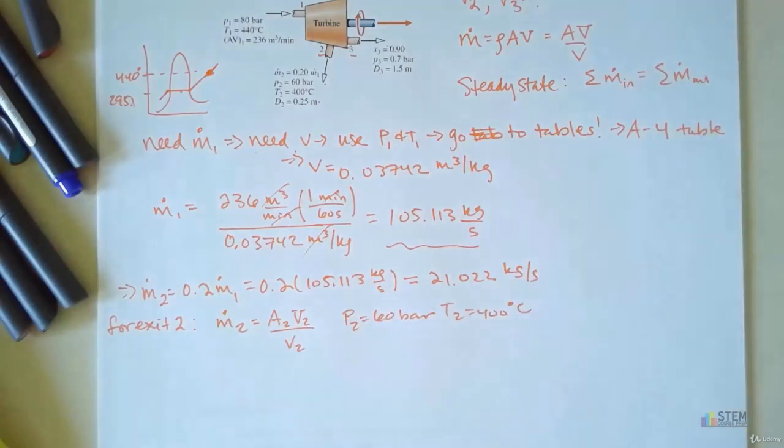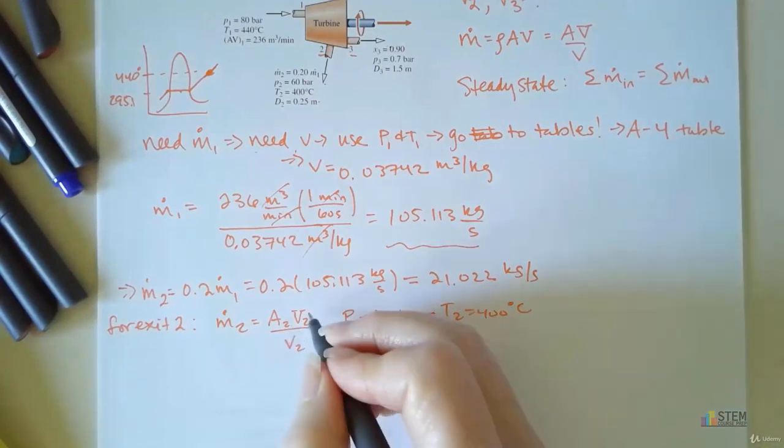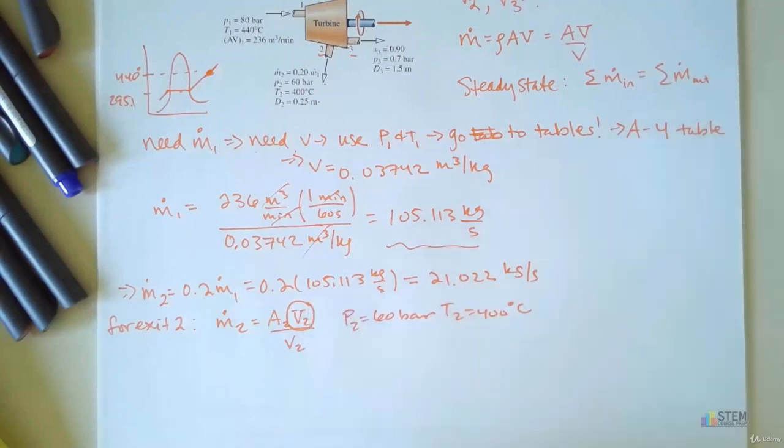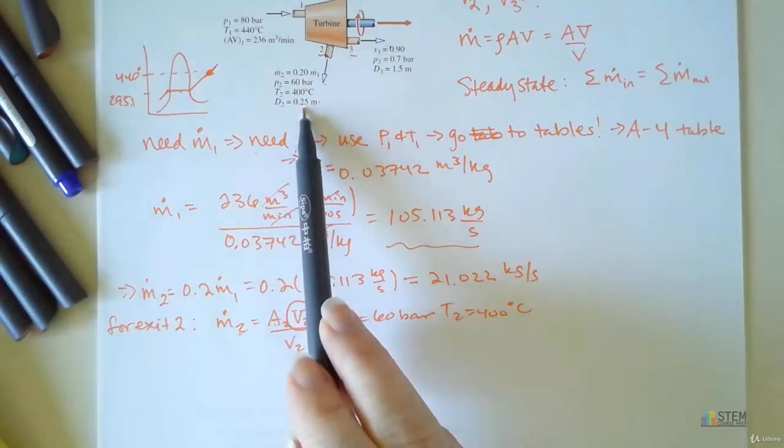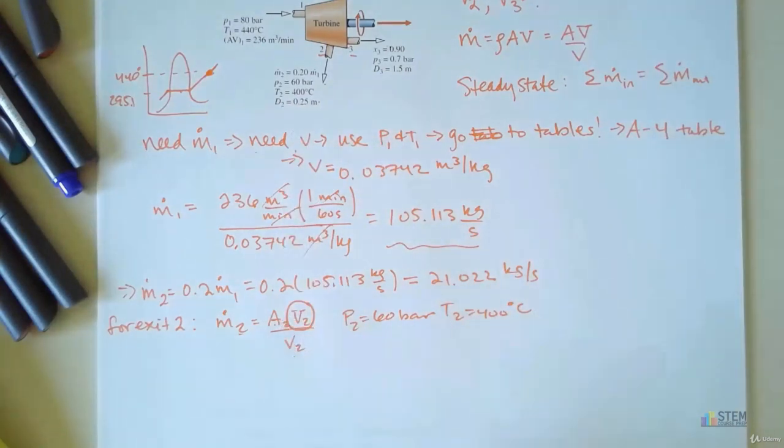Now we're looking for this V2. We already found M2 dot. If we can find the area and the specific volume at the exit, we can find velocity. Area can be found because the diameter was given to us, so that will be really easy. We just need to find V2.